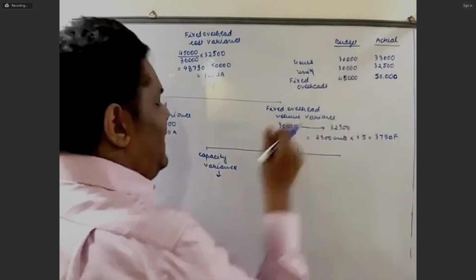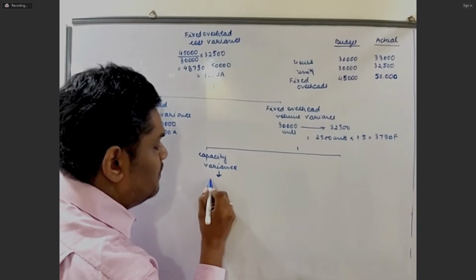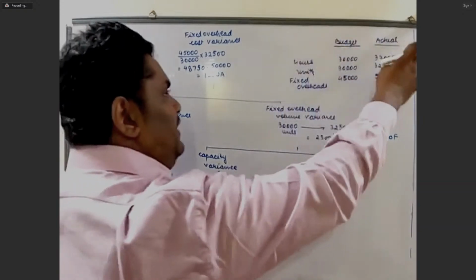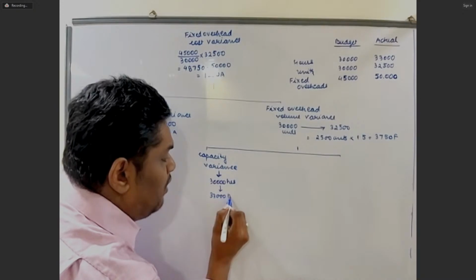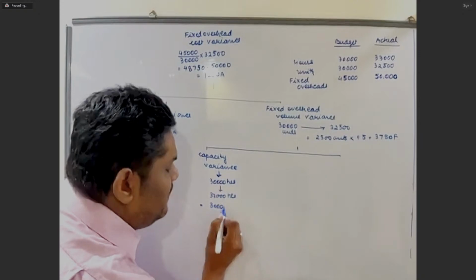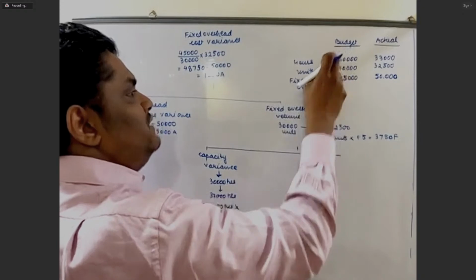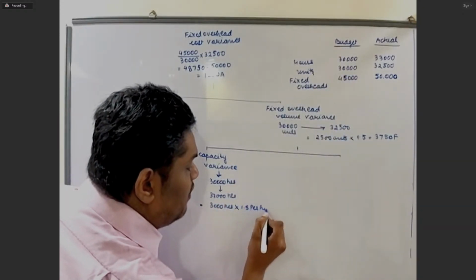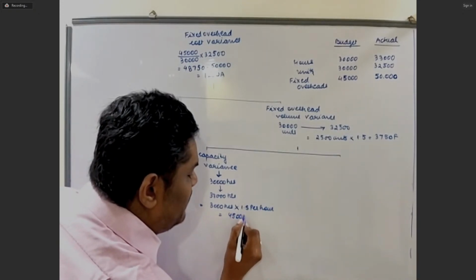That is, we have the capacity to work for how many hours? 30,000 hours. We actually work for how many hours? 33,000 hours. So how many hours we worked extra? 3,000 hours we worked extra. Into the rate per hour, that is 45,000 divided by 30,000, that is 1.5 per hour. So this will be 4,500 favorable.